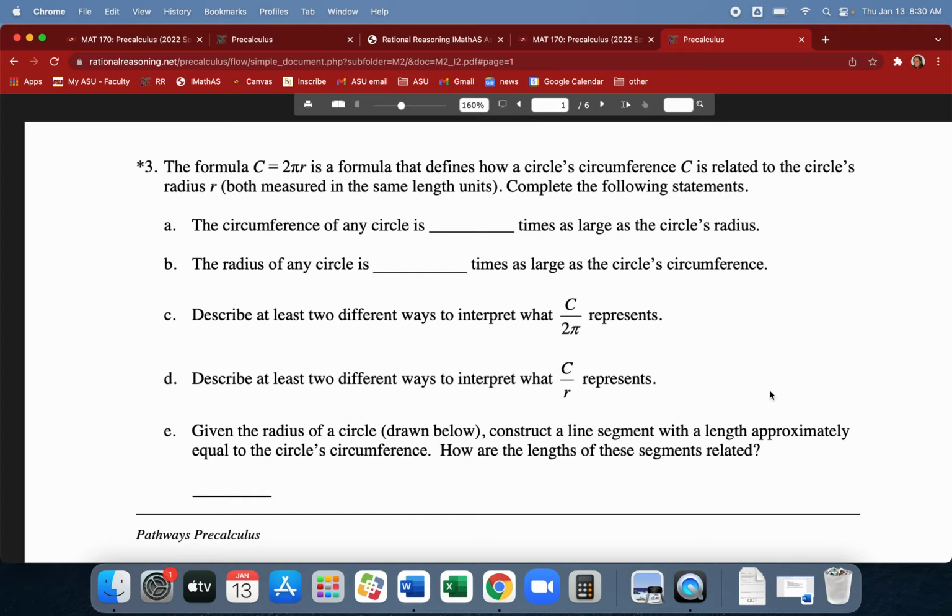Notice. So the circumference is 2 pi times as large as the radius. The radius is, huh? 0.5 pi. Not quite. 0.5 pi, I like the 0.5 part of that, but where did you get the 0.5 from? I just did it backwards.